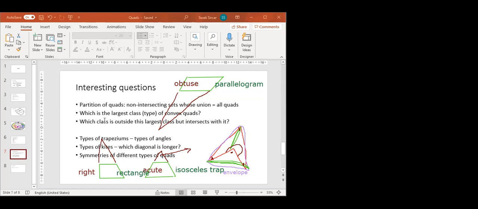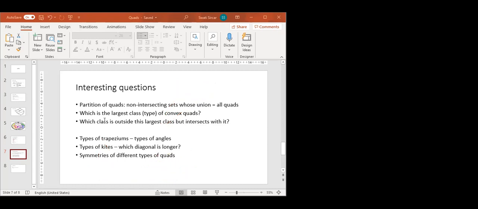Okay. So, and of course, similarly, as I said, types of kites, it's a good idea to explore those kind of things. And symmetries of different types of quads. You should probably make a small table like this.